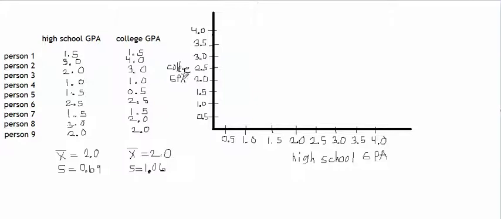So college GPA will go up here. Since high school GPA is on the x-axis, we could call this the x variable. And since college GPA is on the y-axis, we could call it the y variable.